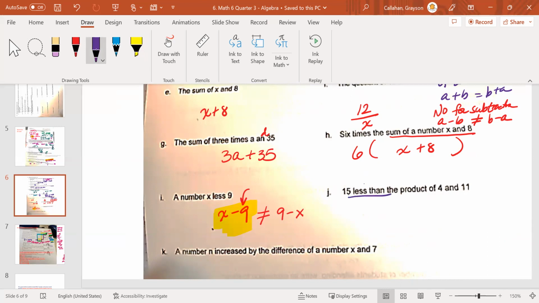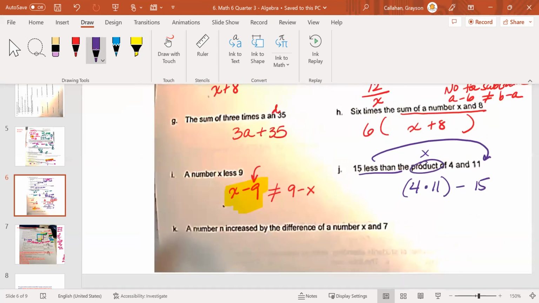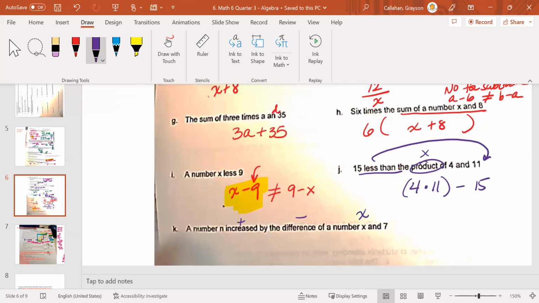15 less than. So whenever this is less than, you put it at the end. The product implies multiply. 4 times 11, like that, minus 15, okay? A number n increased by the difference of a number x and 7, right? So you start off with this piece first, okay? Difference of a number x and 7.